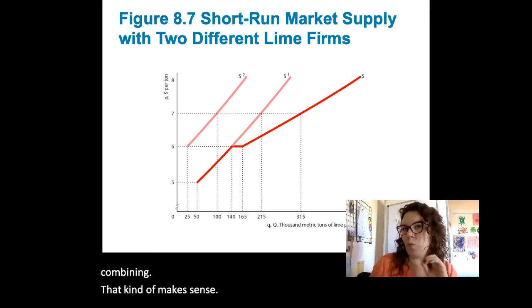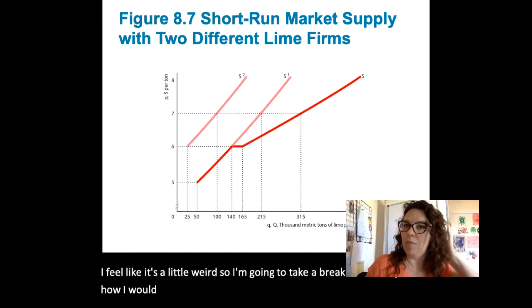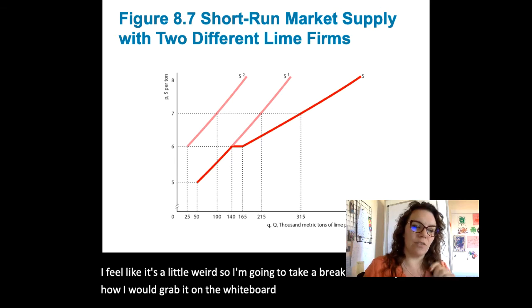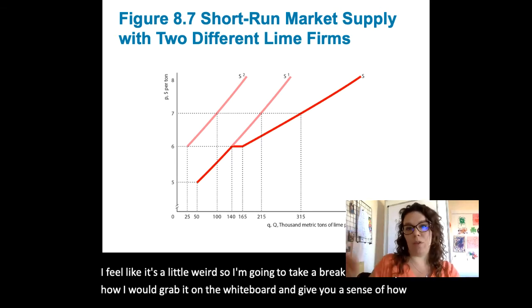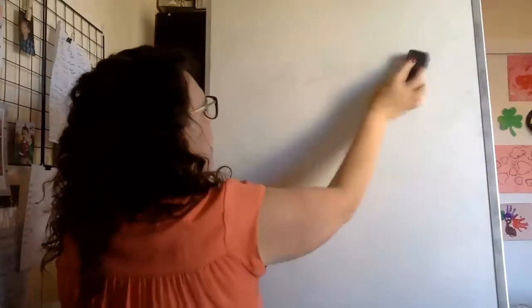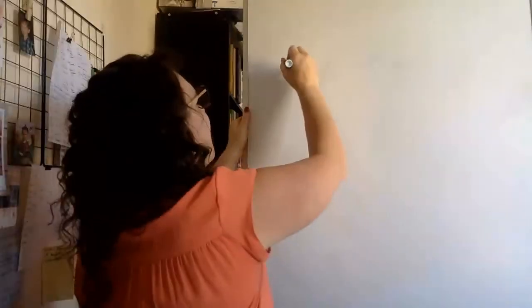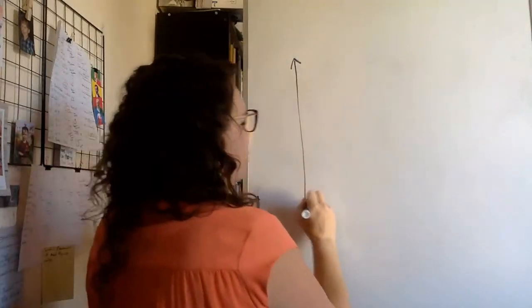I feel like it's a little weird, so I'm going to take a break and show you how I would graph it on the whiteboard and give you a sense of how we sum those up. Okay? Cool. Okay, so here we'll look at a market with 2 different marginal cost curves for the 2 firms in it.